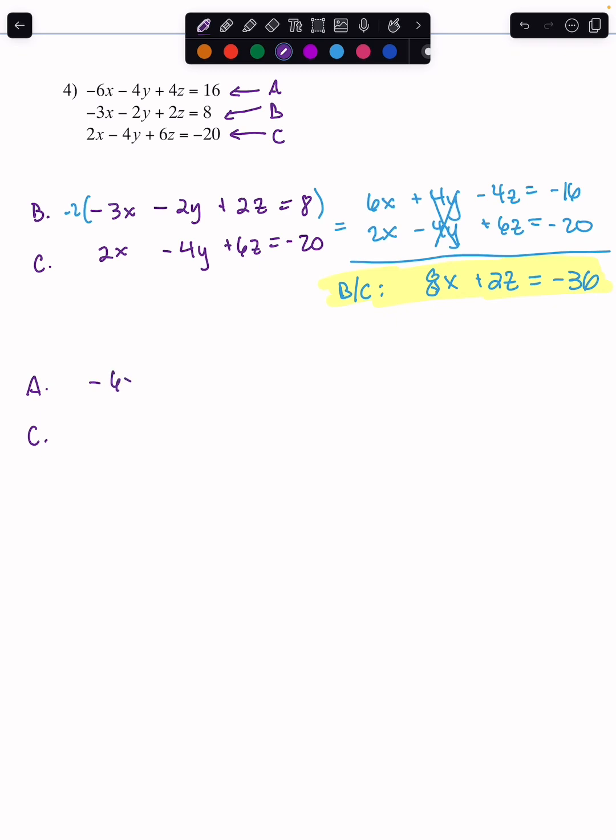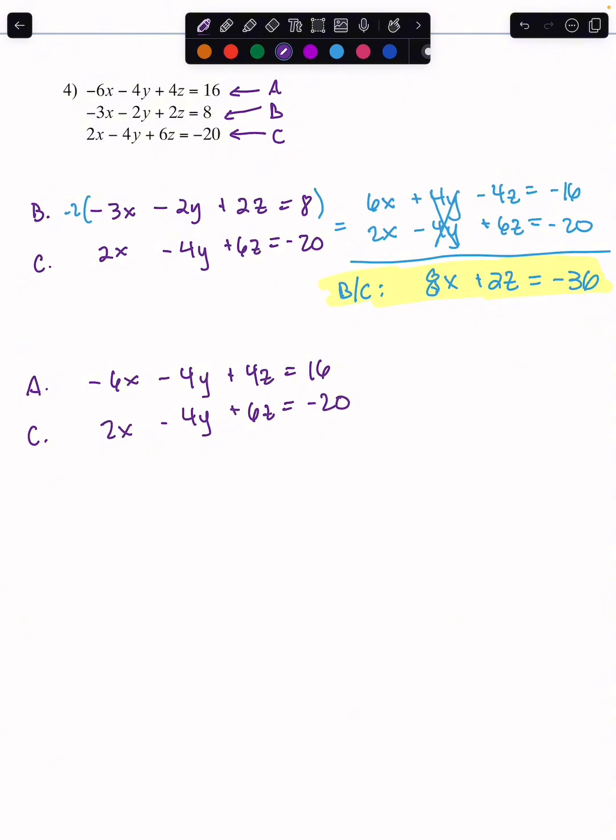And C is 2x minus 4y plus 6z equals negative 20. Okay, now for this one, again, I still need to cancel out the y's. So I'm going to multiply my top line by negative 1. Let's multiply that top one by negative 1.